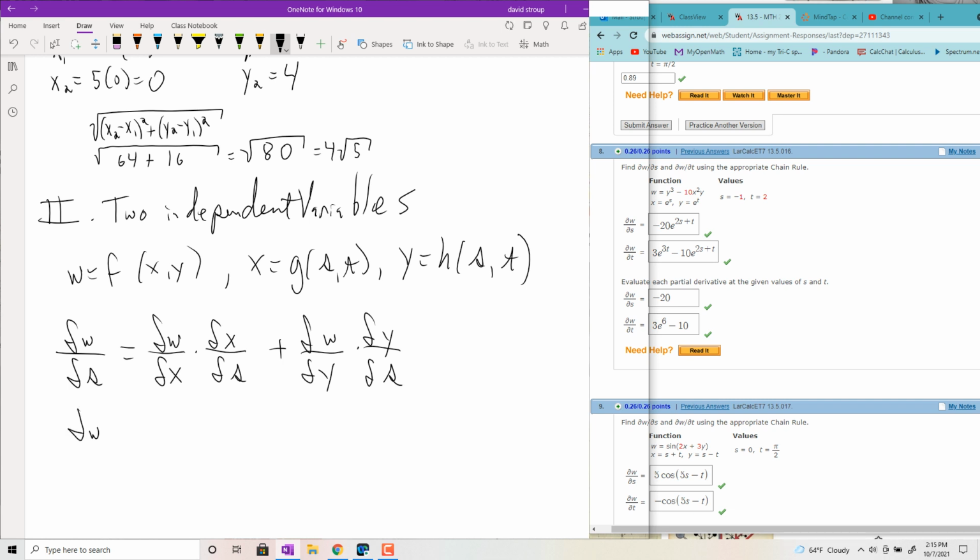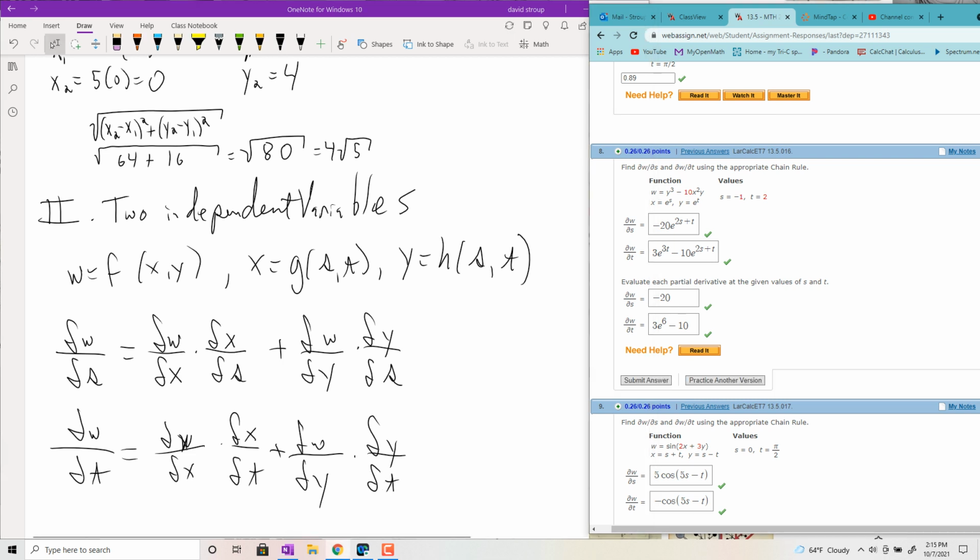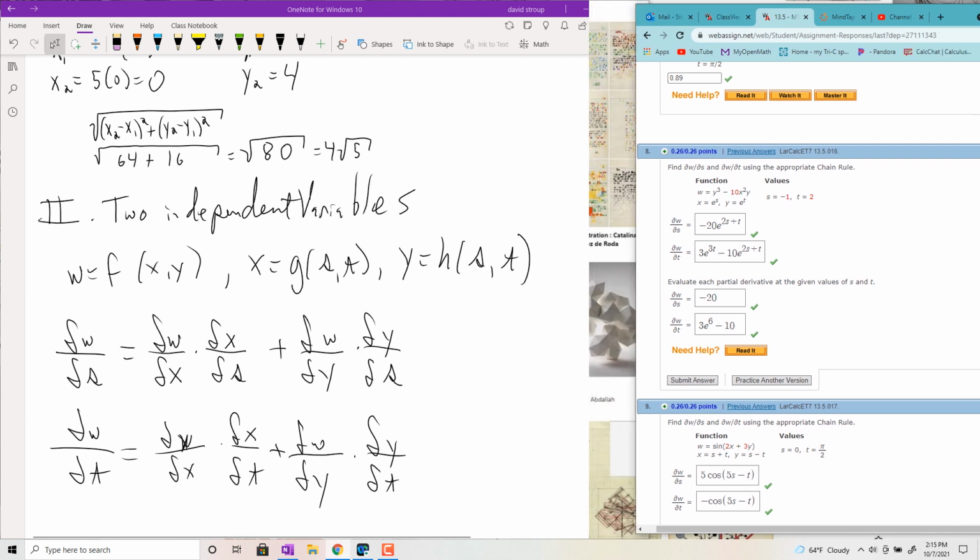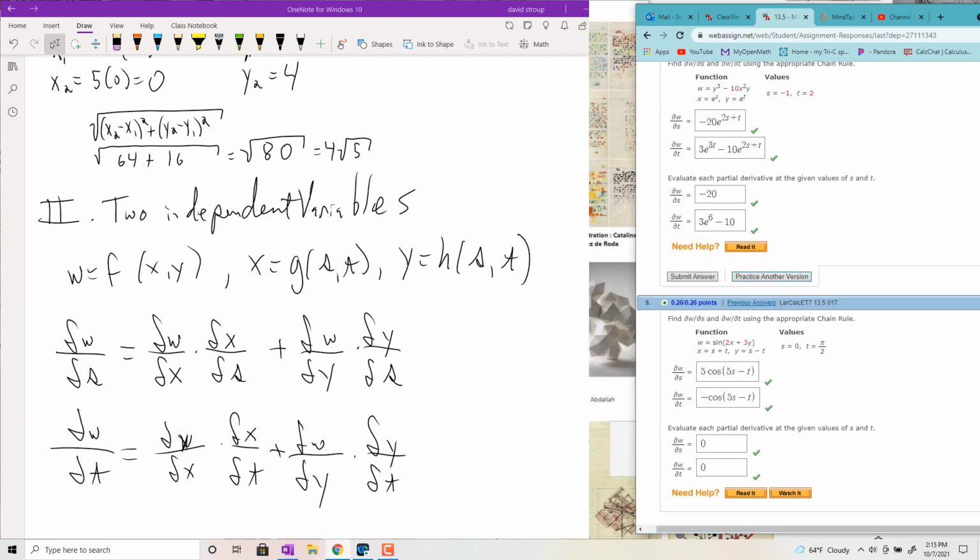And then the partial derivative of w with respect to t is basically the same thing, but the second factors will have t's in their bottom. So partial derivative of w with respect to x times the partial derivative of x with respect to t, plus the partial derivative of w with respect to y times the partial derivative of y with respect to t. Okay? And that's what you're going after here in number 8 and so on.